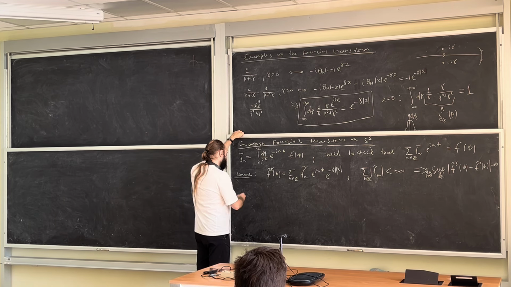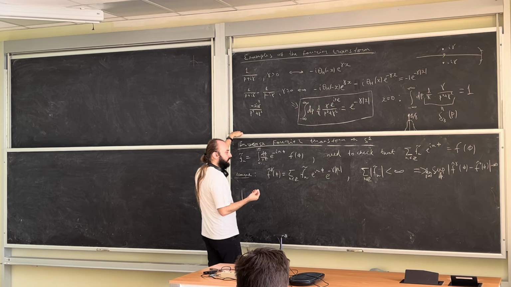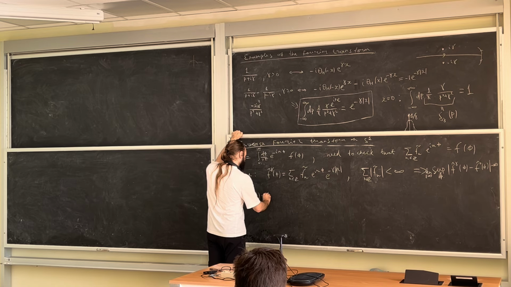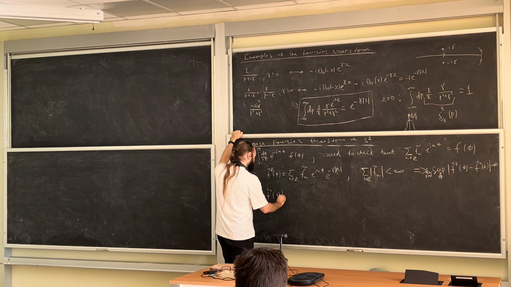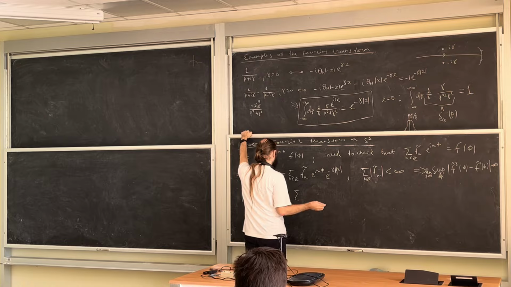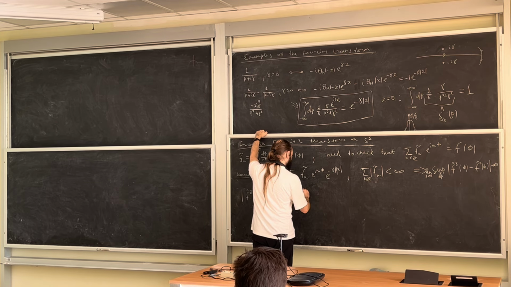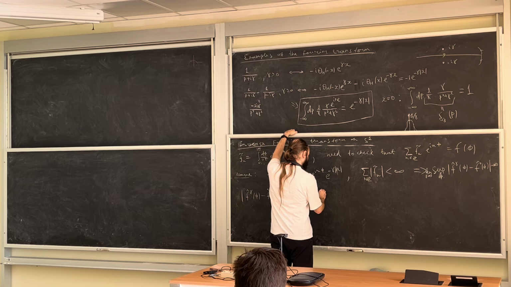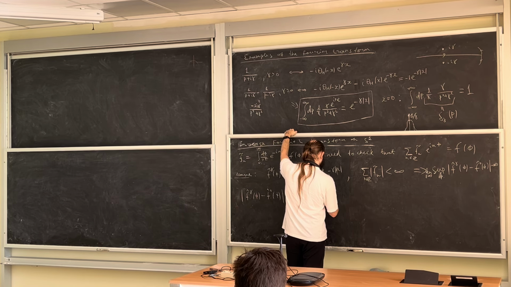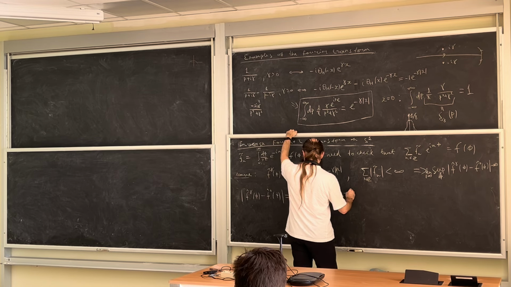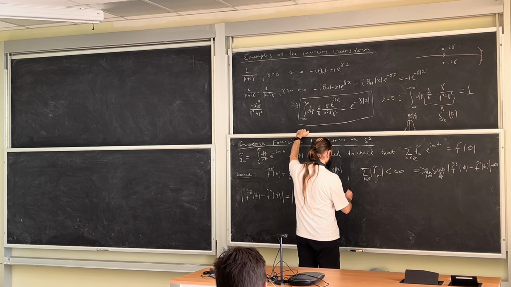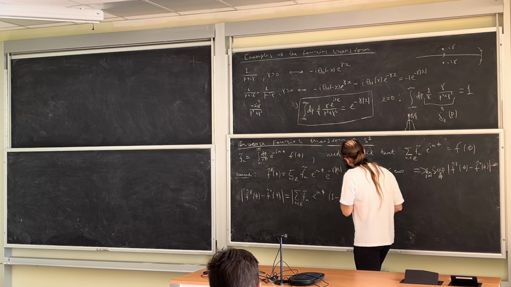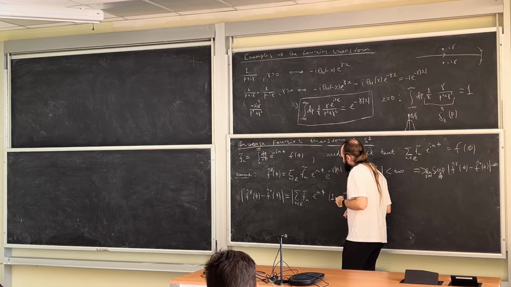And so it's easy to check. Namely, we can say that this absolute value of the difference, f gamma of φ minus f 0 of φ, is a sum of the absolute value of f n times the difference of cutoffs.